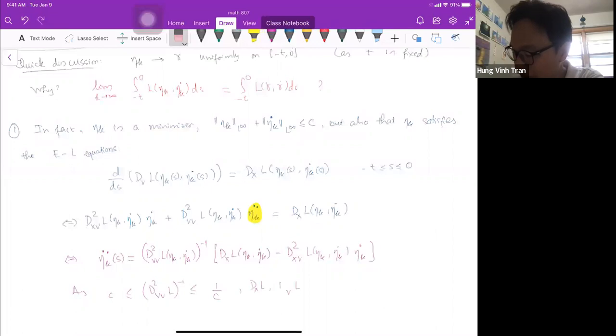Let me be careful: because eta k and eta k dot are bounded, every term here is bounded.